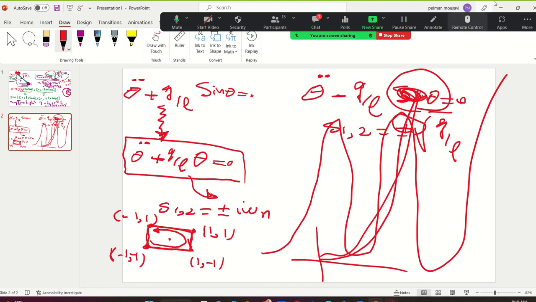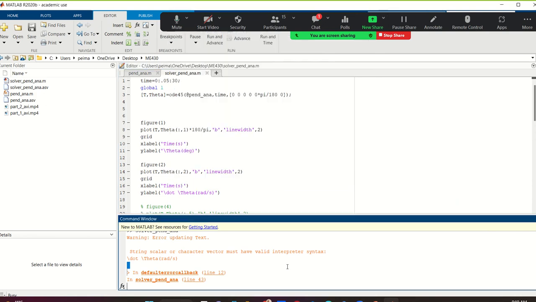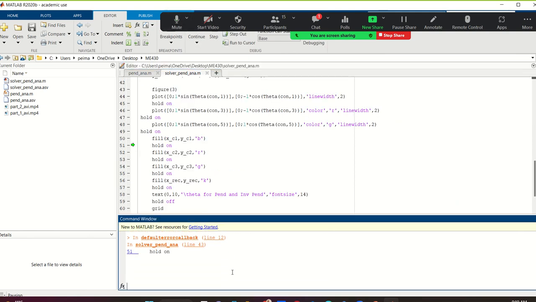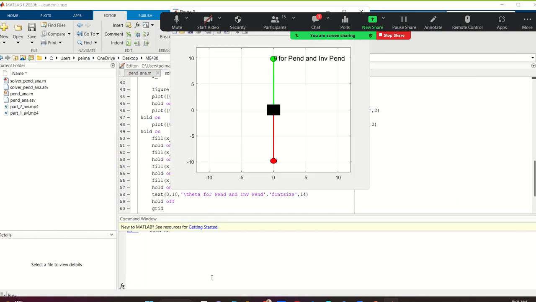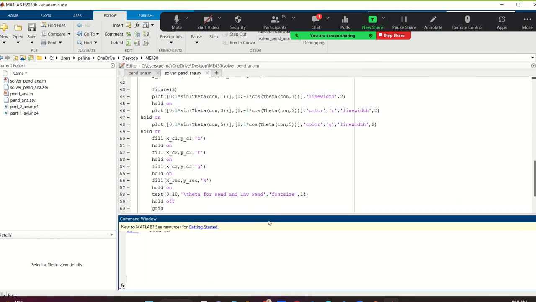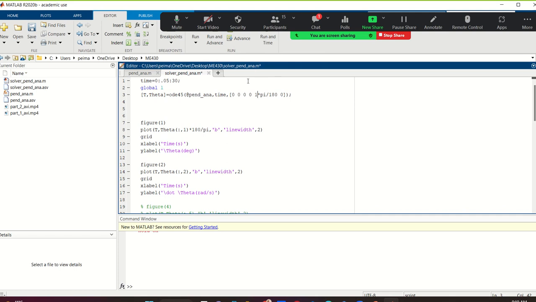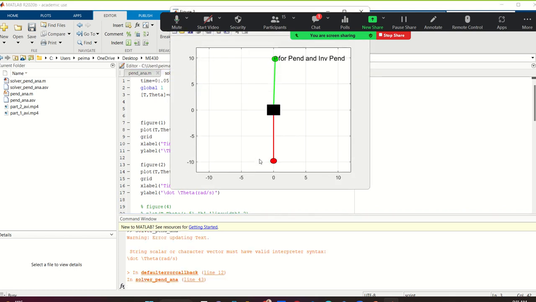See? Minus. Look at here, guys. If I just slightly deflect from the equilibrium point, just slightly, this is what you get.